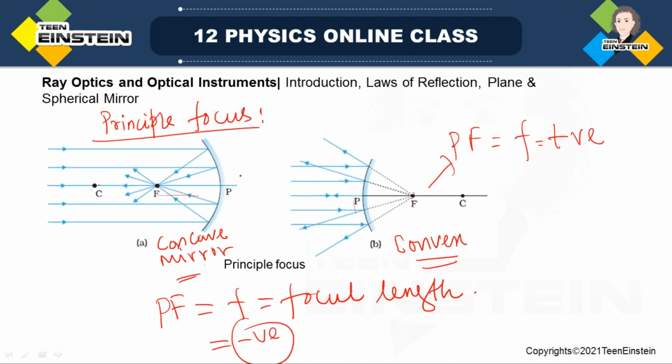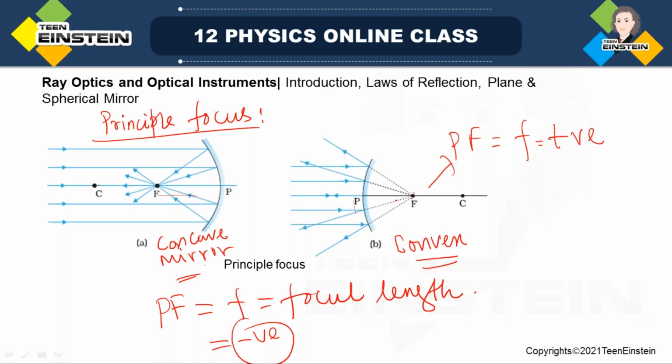In case of concave, the parallel rays really meet at a point on the principal axis after reflection. But in case of convex mirror, after reflection they go away, so they don't meet at F. They appear to diverge from this particular point.